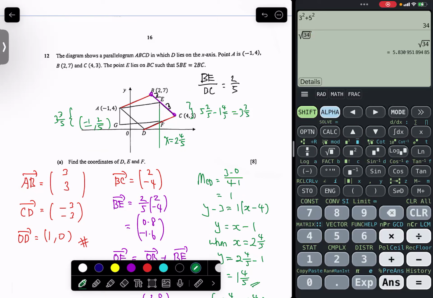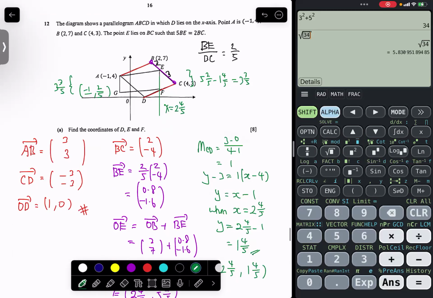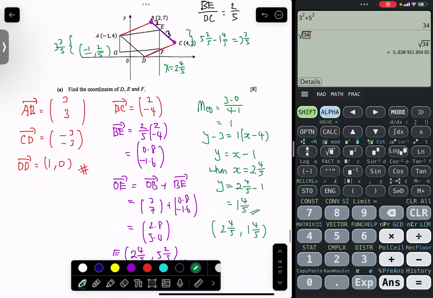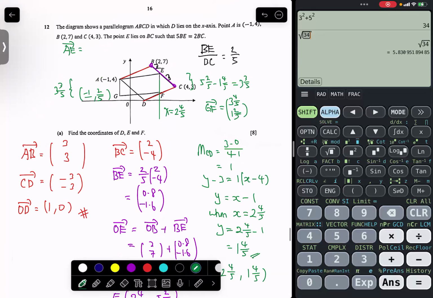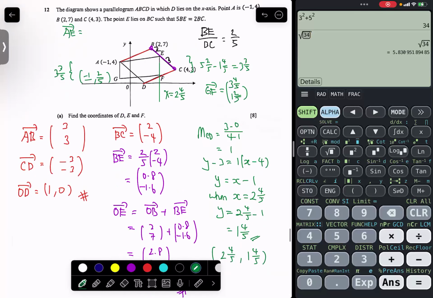Then GF is negative 1, so it's 3 whole 4 fifths. So the vector GF is (3 whole 4 fifths, 1 whole 2 fifths). And the vector AE I believe should be the same thing. Vector AE is also negative 1 to 2.8, so 1 whole 4 fifths.